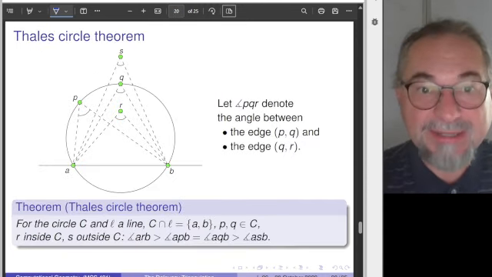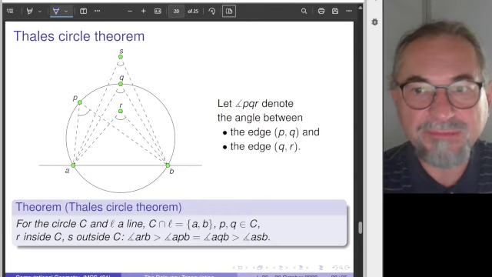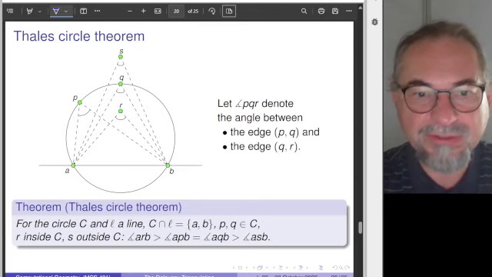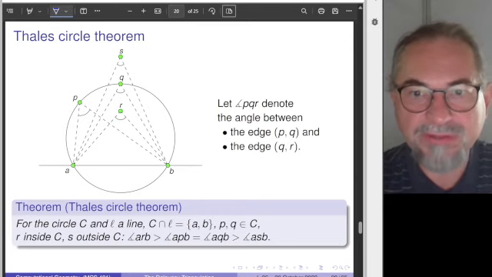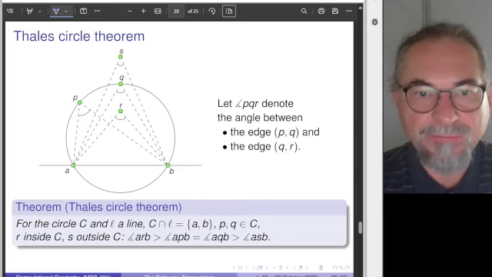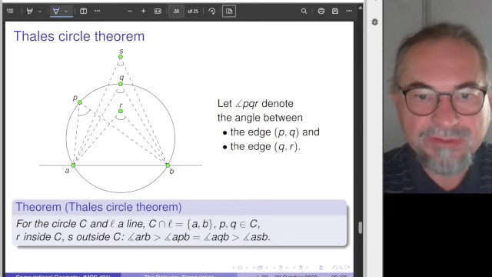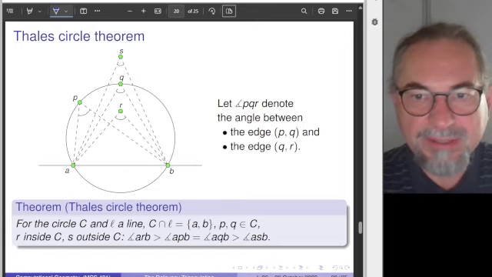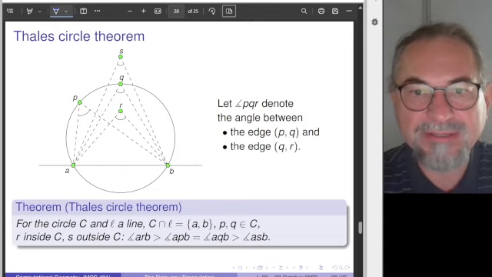How do we detect those illegal edges? This is the circle theorem of Thales. If we look at the side AB, so we have an edge AB, and then we look at the triangles where the other vertex is R, Q, and S, you see that the angles are getting smaller and smaller.